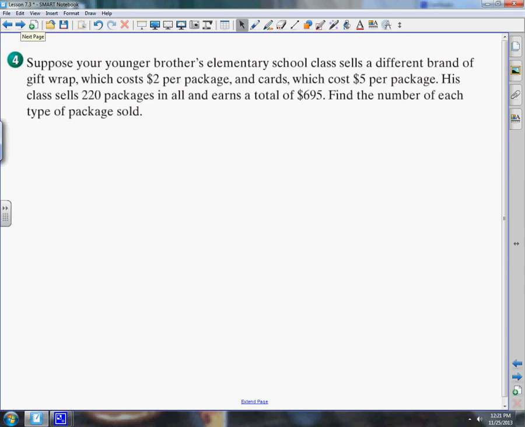All right, suppose your younger brother's elementary school class sells a different brand of gift wrap, which costs $2 per package, and cards, which cost $5 per package. His class sells 220 packages in all and earns a total of $695. Find the number of each type of package sold.